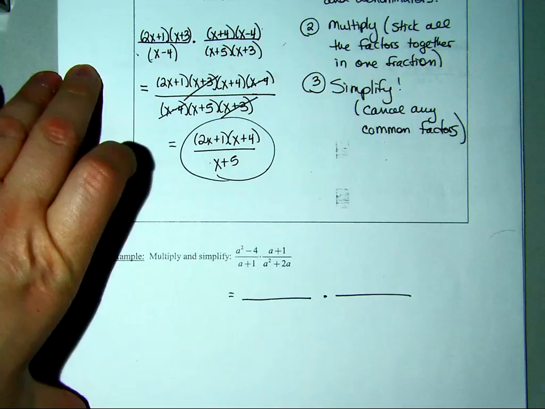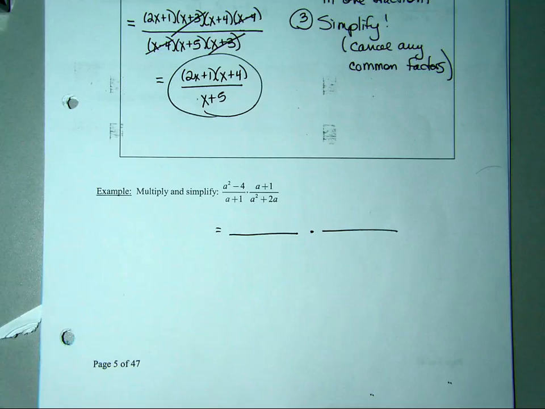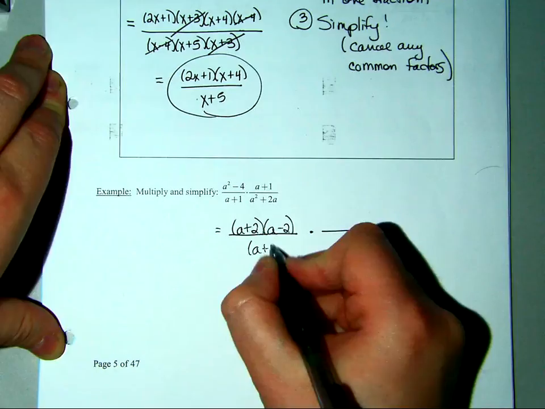The a squared minus 4. How can we factor that thing? Perfect, a plus 2, a minus 2. It's our difference of 2 squares over there. Bottom I'm just going to leave as a plus 1. Second numerator I'm just going to leave as a plus 1. Walter, how about that second denominator? What can we do? A times a plus 2.